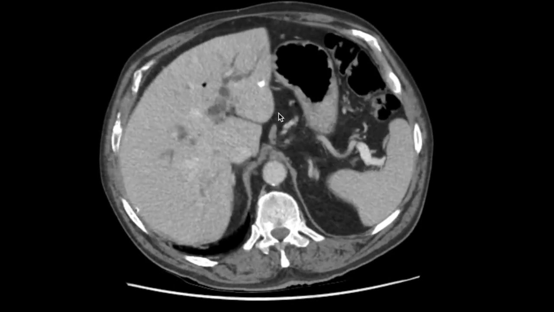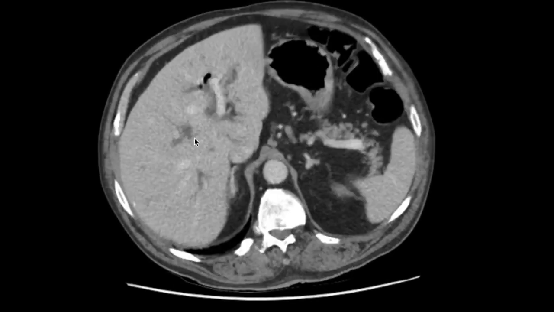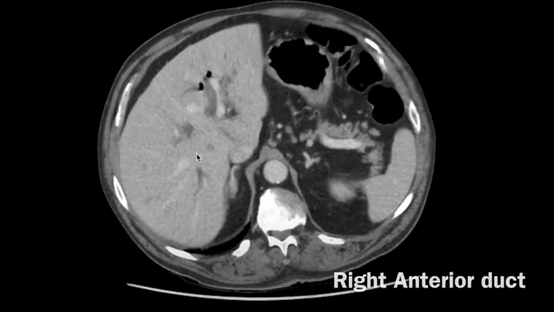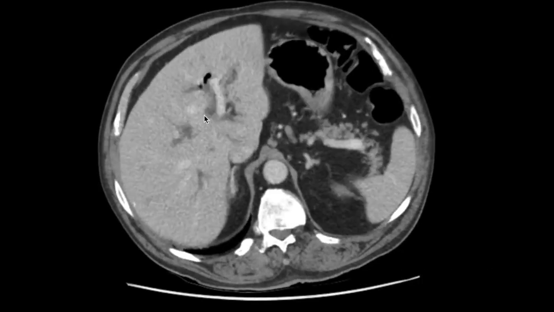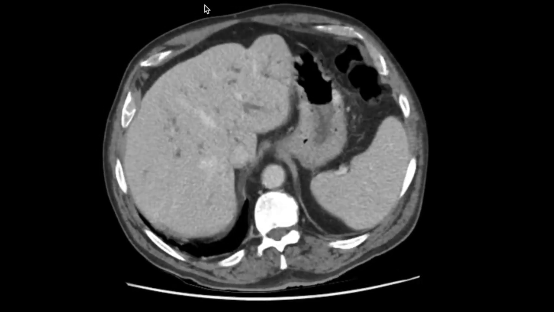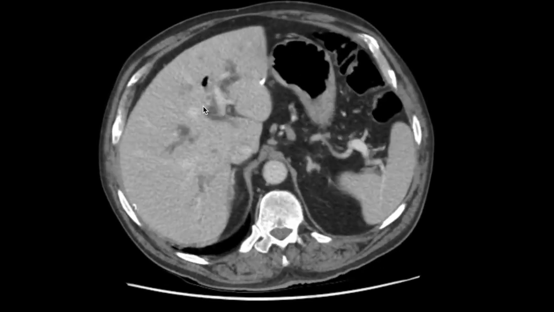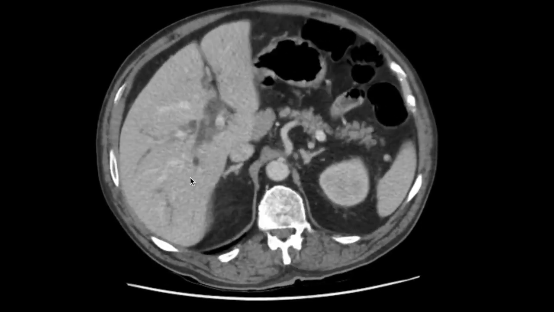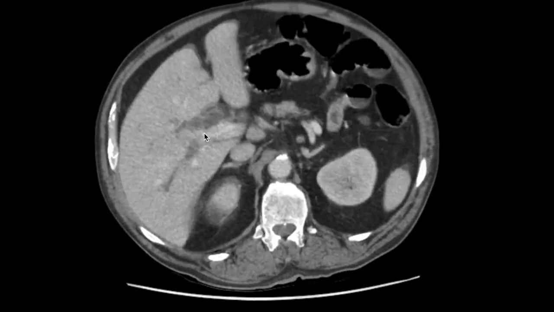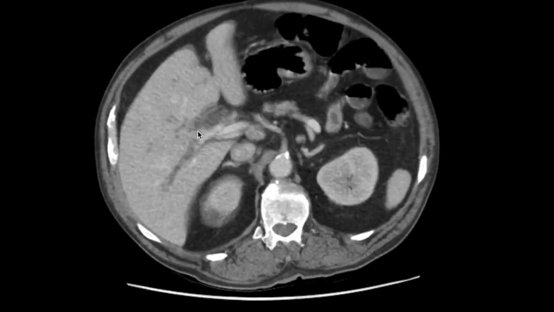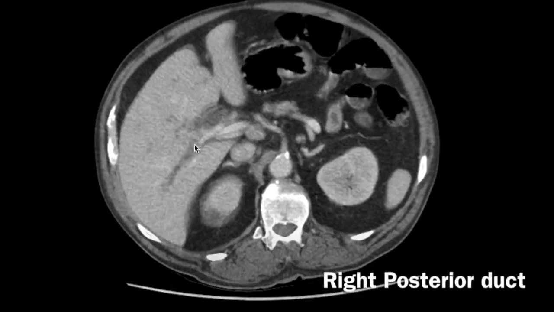And we can see these ducts very well. So here on the right, we have the right anterior bile duct. The right anterior bile duct drains from superior to inferior in an oblique fashion. Over here, more posteriorly and more horizontally oriented, is the right posterior bile duct.